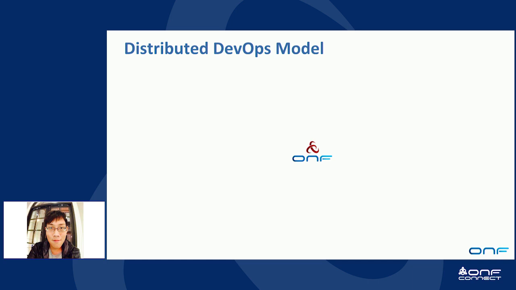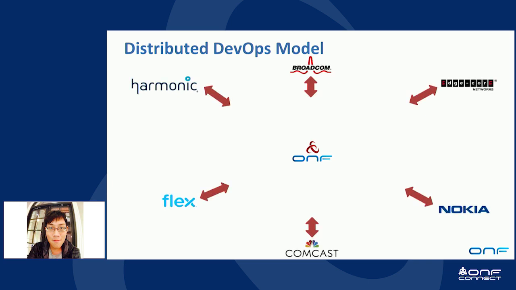Basically, ONF is sitting at the center of this community, and we've been working with chip vendors, switch vendors, VNF vendors, and service providers. In this particular example, we've been working with Comcast, Broadcom, EdgeCore, Nokia, Harmonic, and Flex.